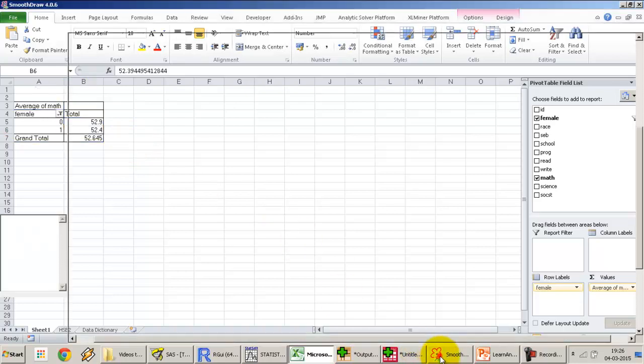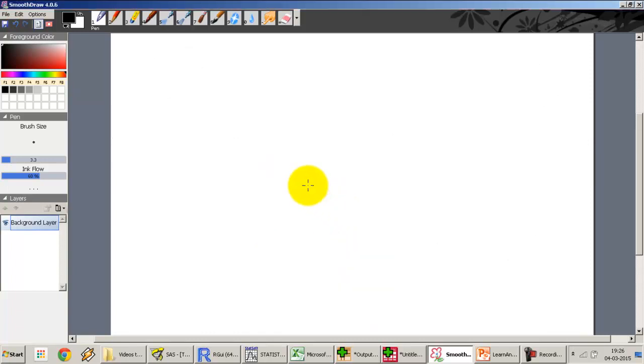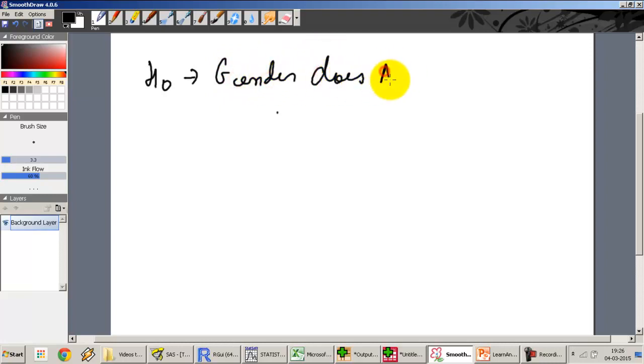So in this case, when I am testing the impact of gender on the performance on math scores, my H naught, or the null hypothesis, is going to be that gender does not impact math score.